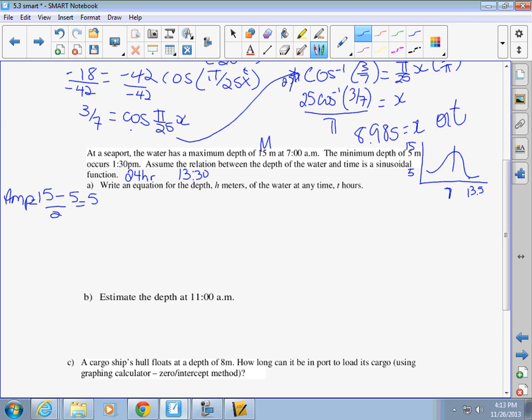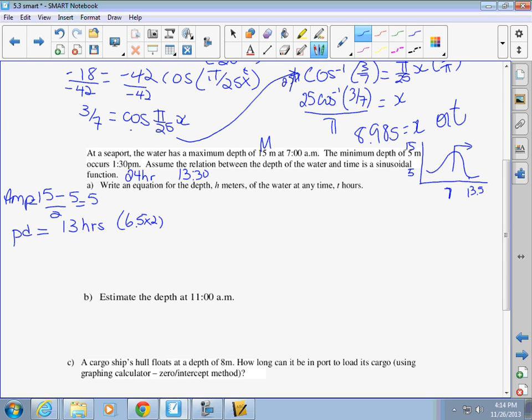Our period then to go from the part that they've told us, from 7 a.m. to 1:30, is 6.5 hours. So if it's 6.5 hours there, then we know the whole period is going to be 13 hours. So it's 6.5 times 2.